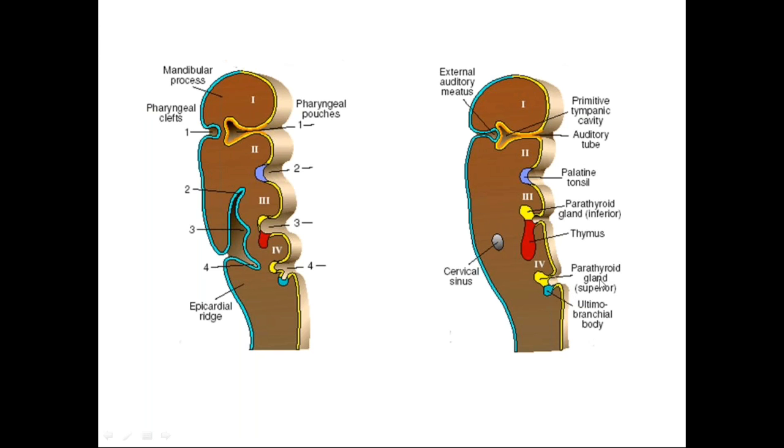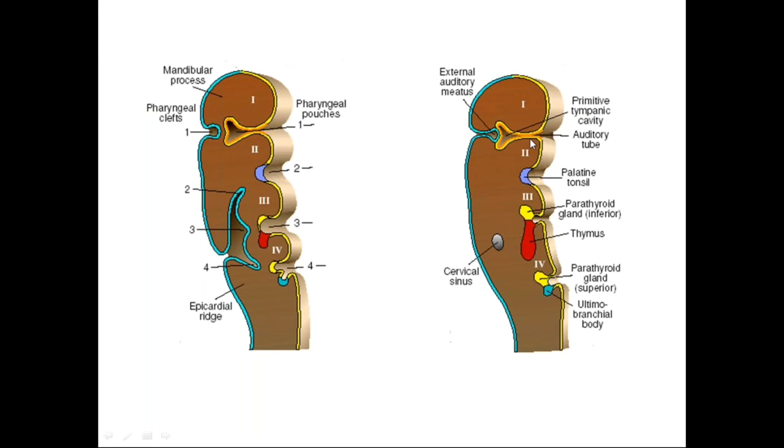Fourth pouch will form the superior parathyroid gland. Fifth pouch forms the ultimobranchial body, which gives rise to the parafollicular cells, which secrete calcitonin. Now, sixth arch will form the cartilages of larynx.